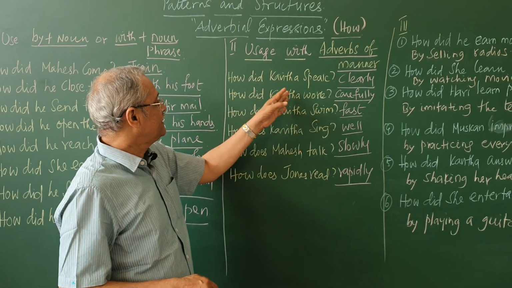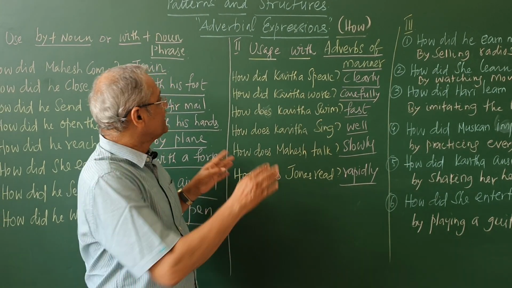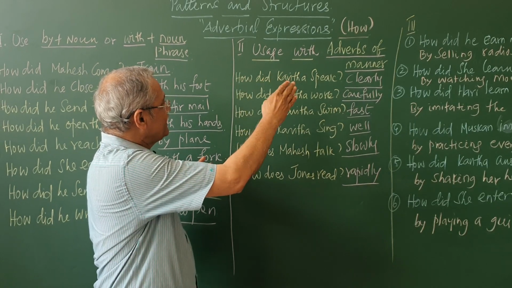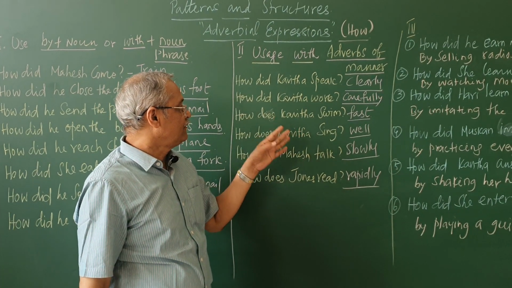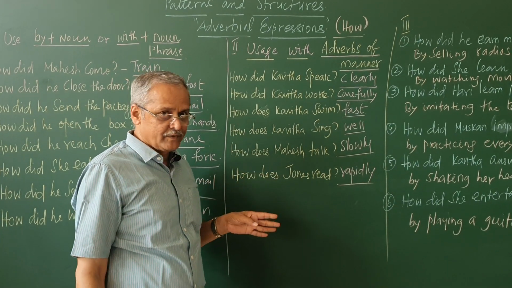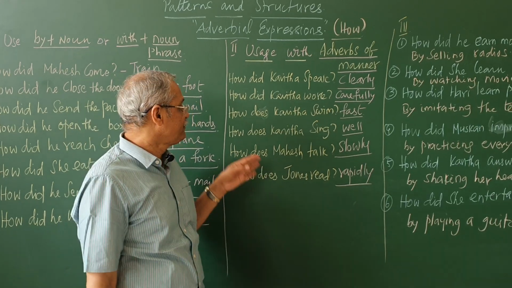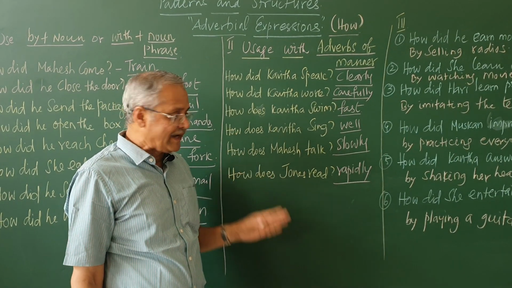How did Kavita speak? Kavita spoke clearly. See, the answer with adverbs of manner. How did Kavita work? Kavita worked carefully. How does Kavita swim? Kavita swims fast. How does Kavita sing? Kavita sings well.